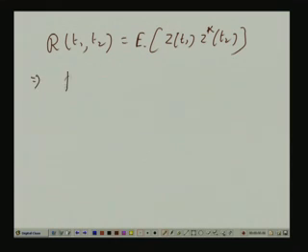Then this is called a positive definite function. After all, it is not a sequence. In the case of a discrete time process, it would have been a sequence, because I would have had some index n and m which take integer values. Here T1, T2 are continuous valued variables, so we call it a positive definite function.